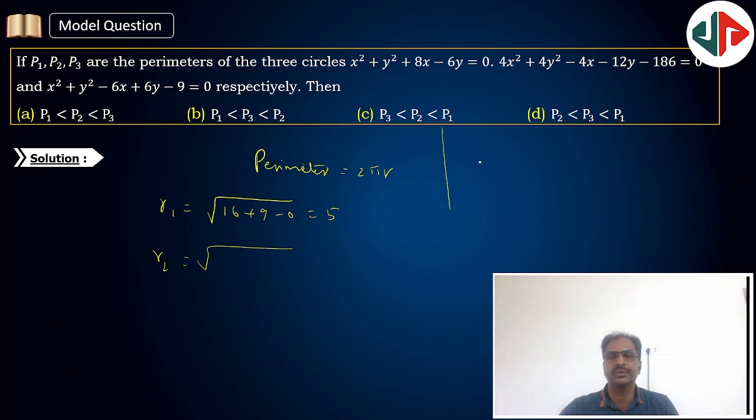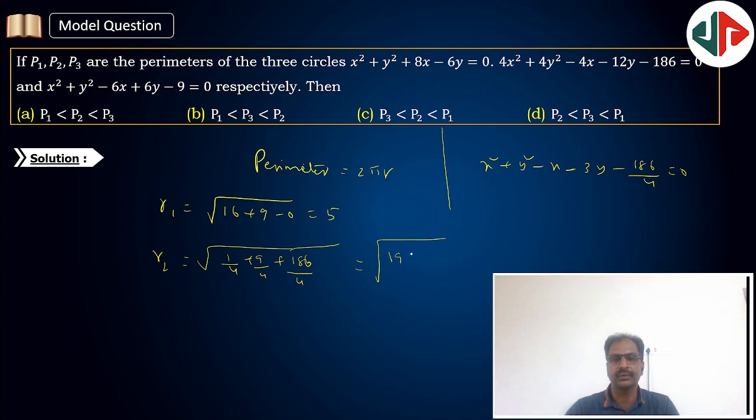Radius of the second circle: for the second circle, first you should divide with 4. What is the radius of the second circle? Under root g square plus f square minus c, with 196 by 4, under root 49, which is 7.